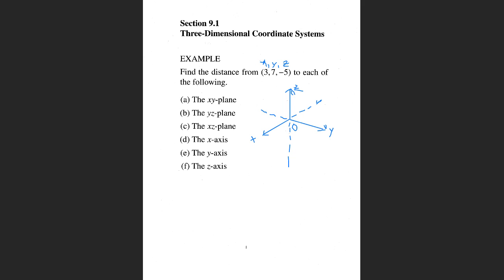The XY plane would be the plane that contains the X and Y axes. The YZ plane would contain the Y and Z axes, and the XZ plane would contain the X and Z axes. And these three axes, the X, Y, and Z axes, together separate space into how many octants?